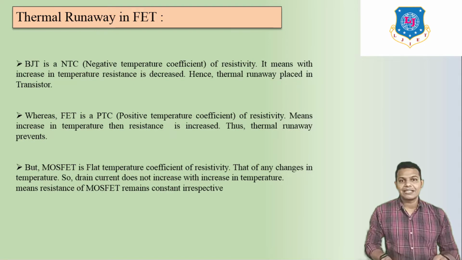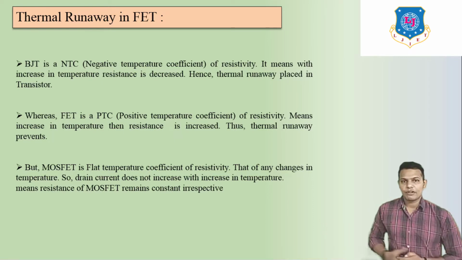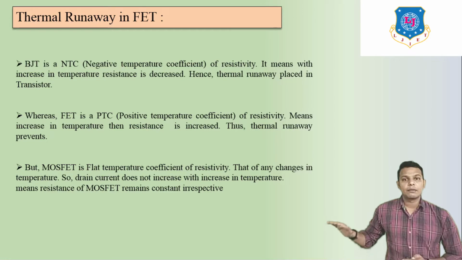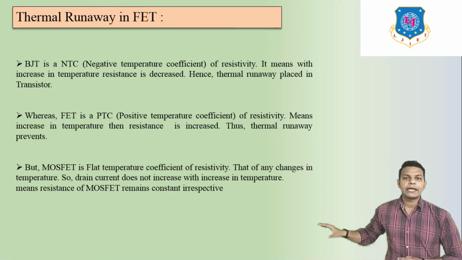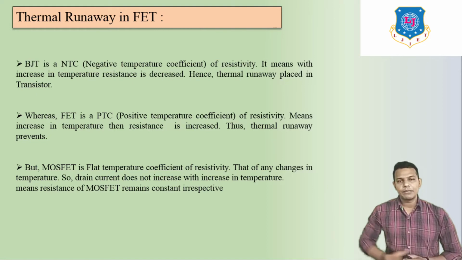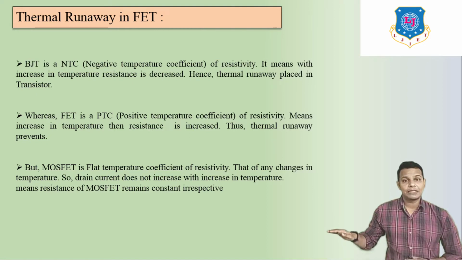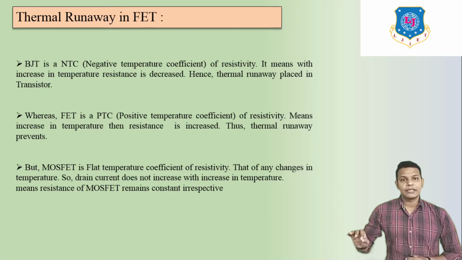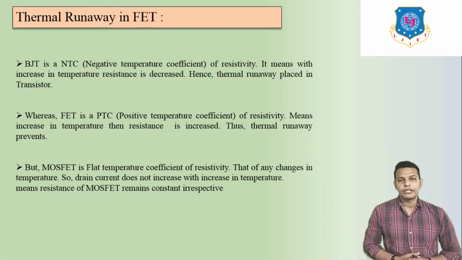There is no change in resistance, so it is known as flat temperature coefficient in MOSFET. So this is the thermal runaway. Basically, we can avoid thermal runaway in FET and MOSFET compared to BJT. This is one of the advantages, which is why we mostly prefer FET rather than BJT.